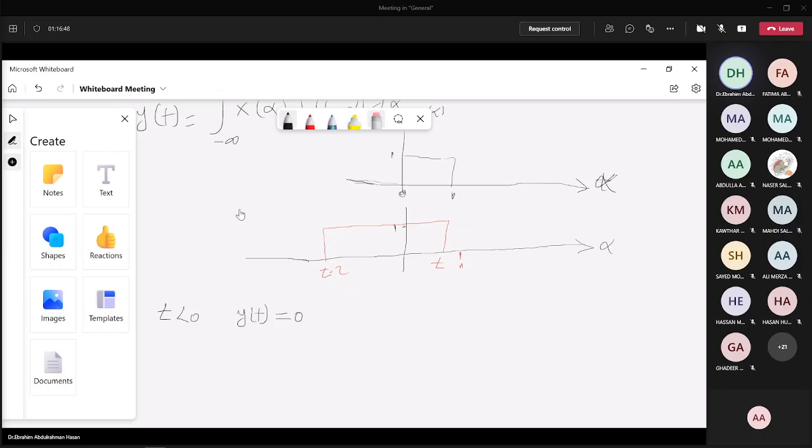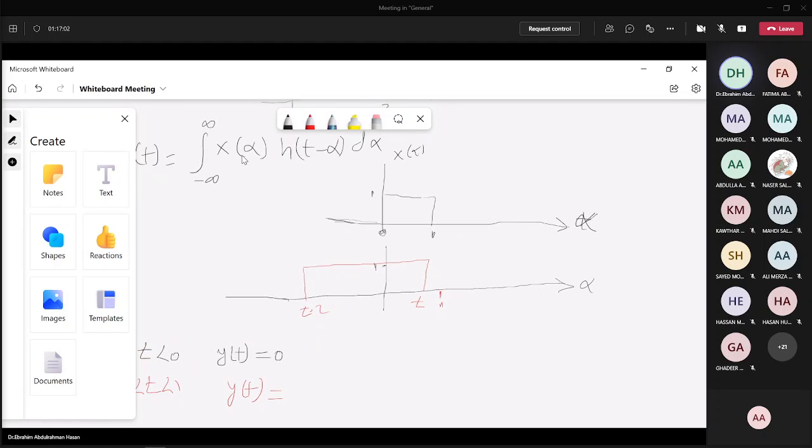Now, t is greater than 0 but less than 1. So what is y of t? Just apply this formula. x of alpha is equal to 1, from here to here it is equal to 1, but before 0 it is all equal to 0.